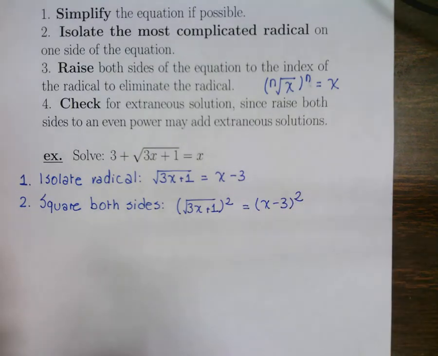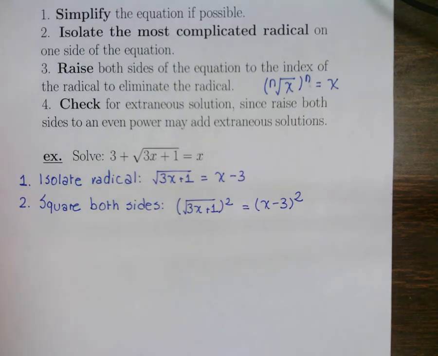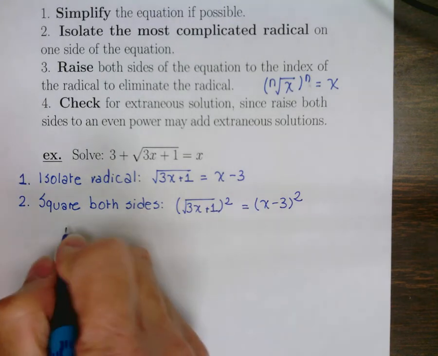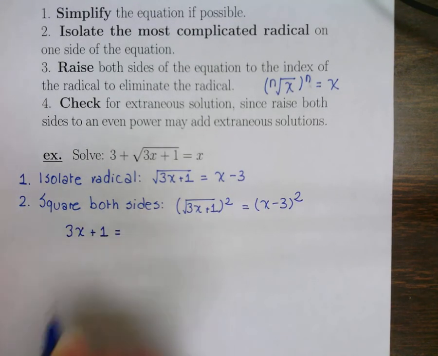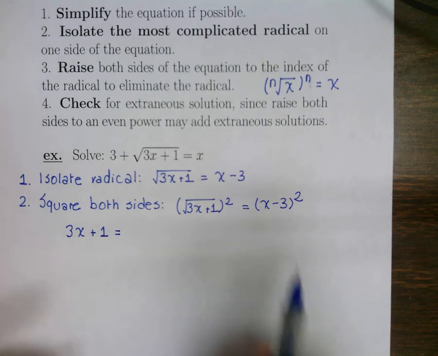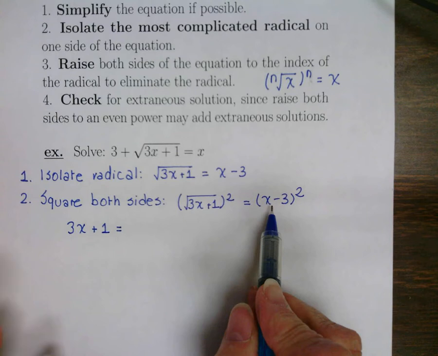Okay, now why did we isolate the radical? For just this purpose. When I square, now that I've isolated that radical, I get 3x plus 1 on one side of the equation. The radical's gone. And don't forget the FOIL method or the special product when you're squaring.